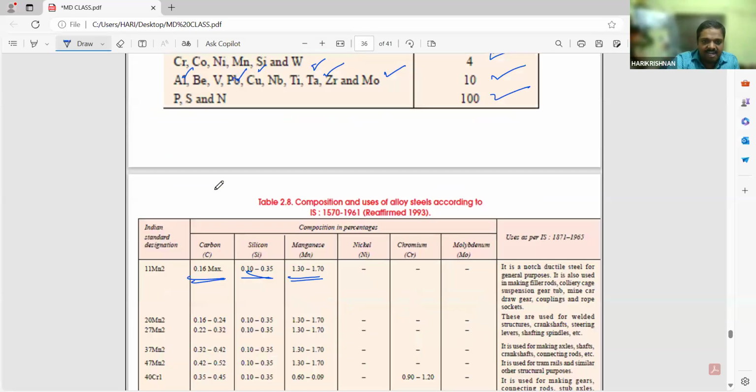So here, 1.3 plus 1.7, so it will be 3. So 3 by 2, it is 1.5. You have an average value of 1.5. So whatever 1.5 is there, you have to multiply that 1.5 by 4. You will get this content, 11Mn2.